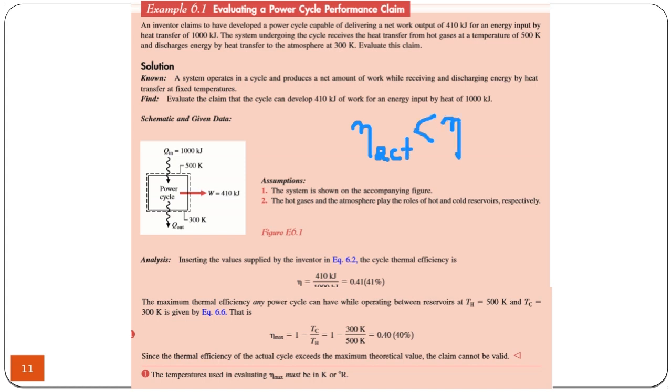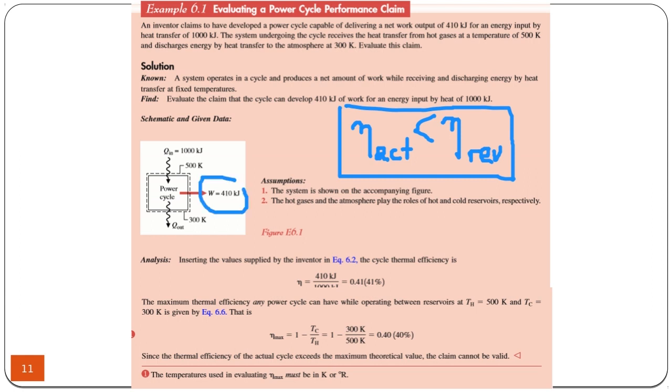So we are going to check this. If it's not correct, then we should say that the inventor is wrong. So according to his statement, the engine gives you 400 kilojoules with respect to heat input of 1000.